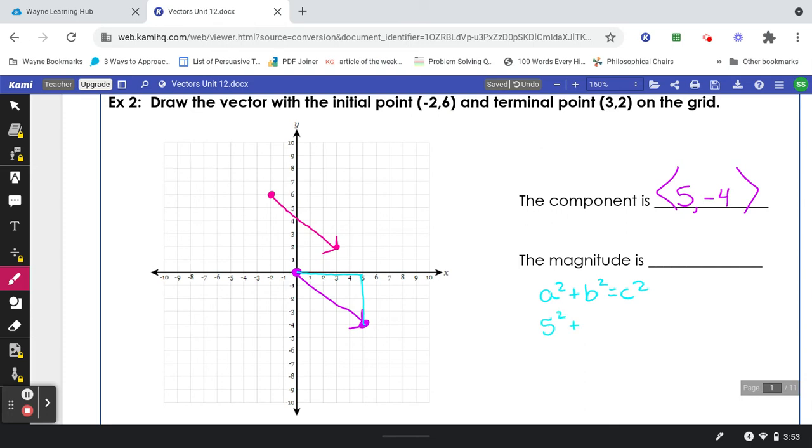That'll be 5 squared plus 4 squared equals C squared. 25 plus 16 is 41. And then we'll just square root that. If it's a decimal, just go ahead and leave it as the square root of whatever. So the length, meaning this edge right here, has a length of the square root of 41, which in your calculator ends up being about 6 point something.